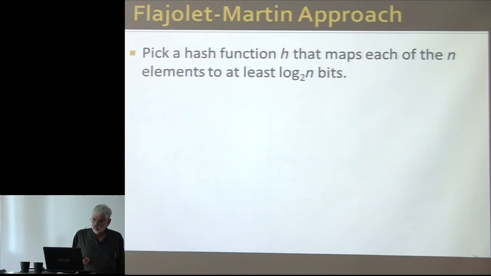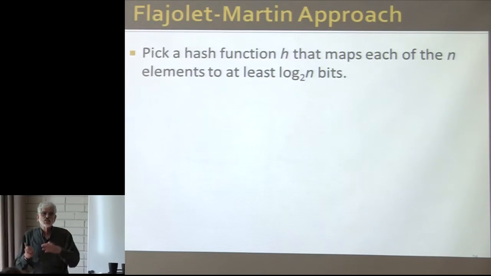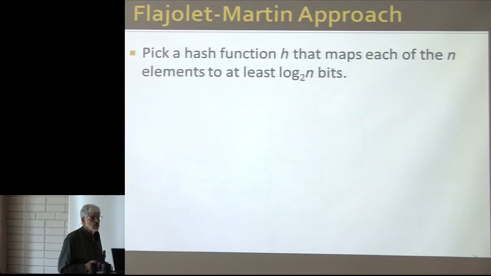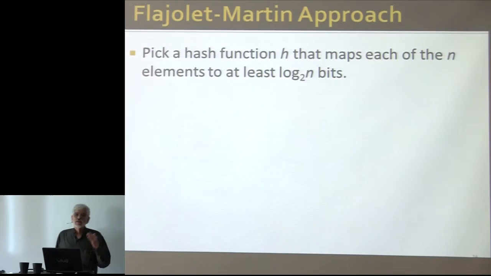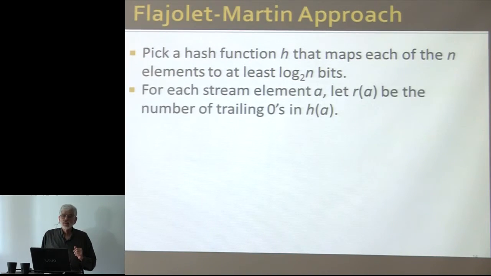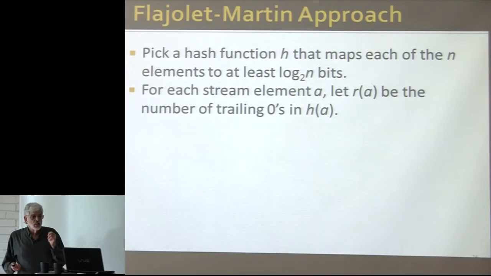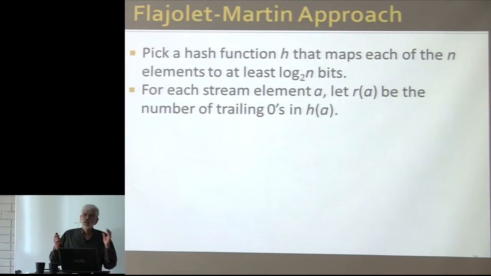Remember, little n is the number of elements that might exist, the universal set of elements. Now I'm going to take a hash function that maps elements to at least log n bits. It could be more. For each element, I want to compute what I think of as the tail of the hash value.